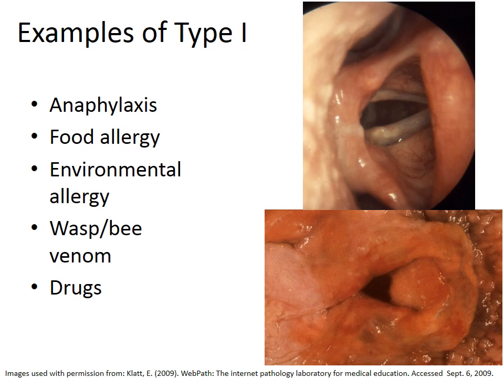This patient actually didn't make it, and the airway is significantly compromised as a result of a type 1 hypersensitivity reaction due to preformed IgE antibodies that are on mast cells, and they responded really, really quickly to that subsequent reaction.